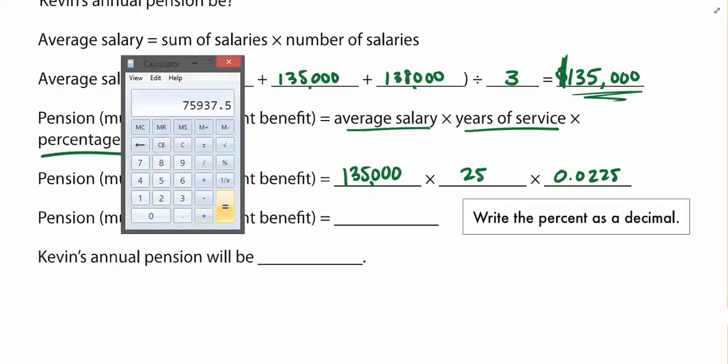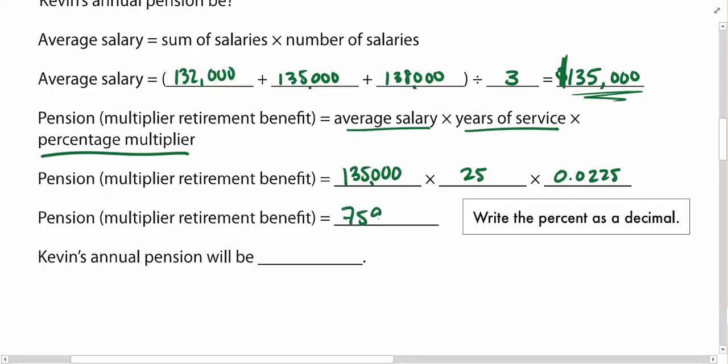is 75,937.5. Or in other words, the pension, the amount that he receives per year, is $75,937.50.